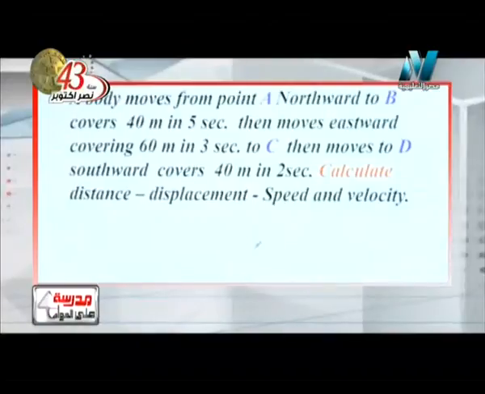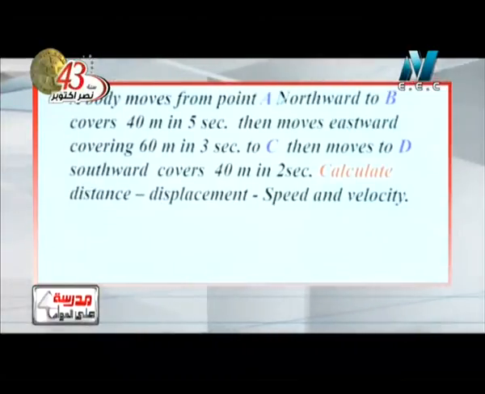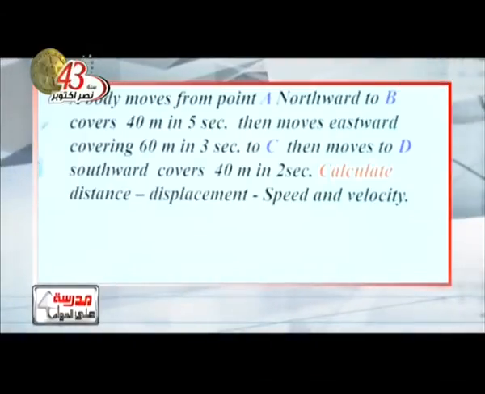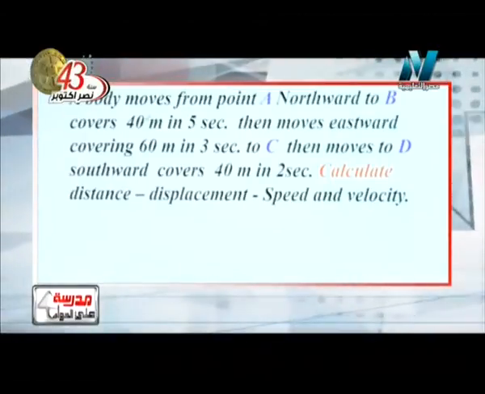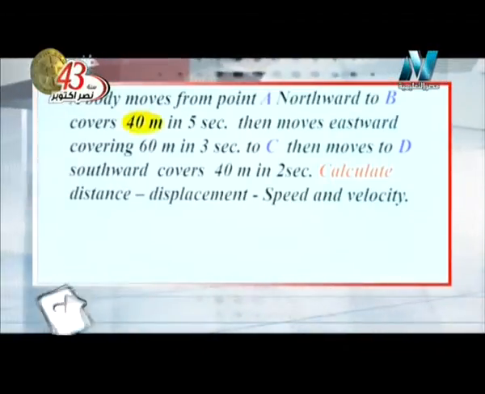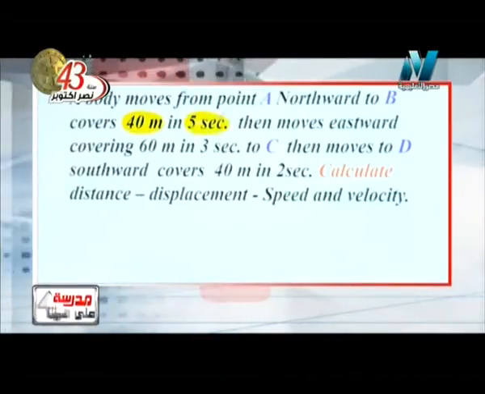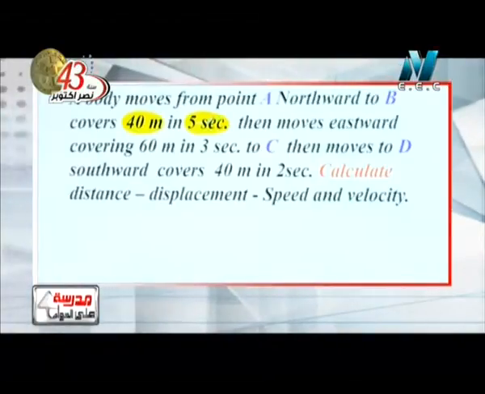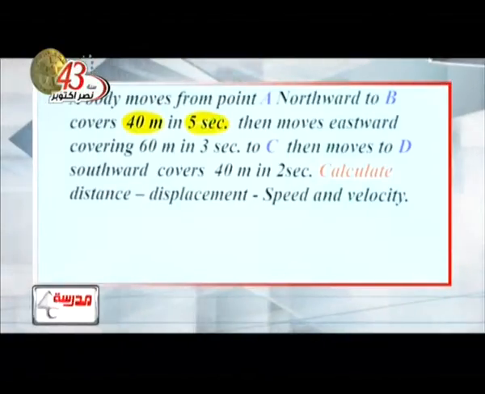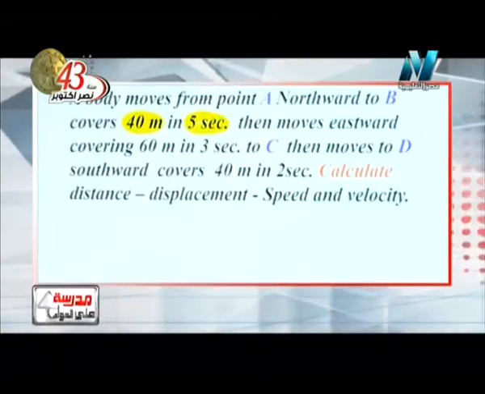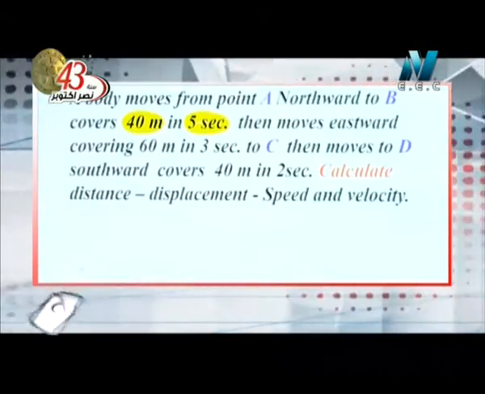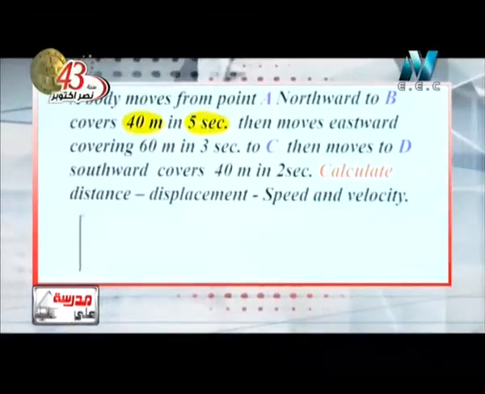As we see here, a body moves from point A northward to B, covering 40 meters in 5 seconds. We should focus. We can answer these problems by drawing a draft in your answer paper, not necessarily with a ruler. So I write: move from point A to point B northward.